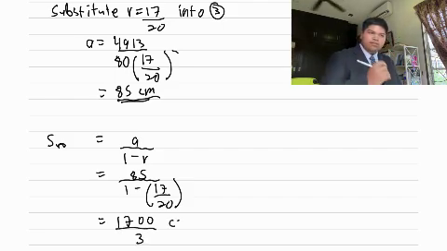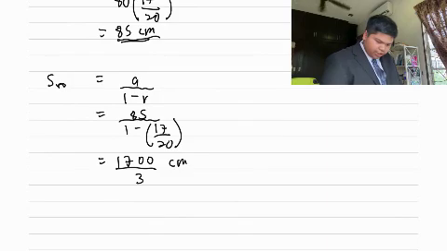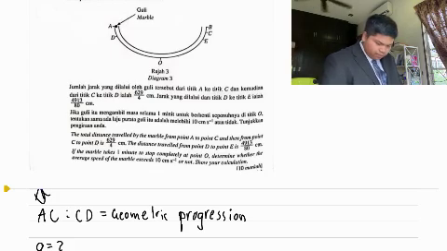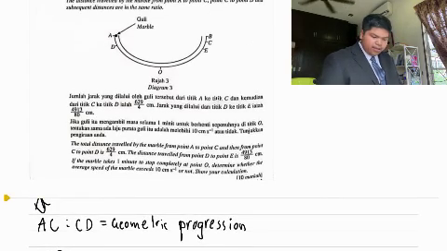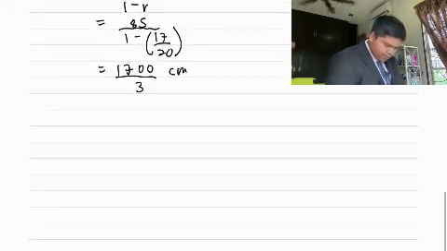This is the value of the total distance traveled by the marble when it is released from point A. Now we have to find speed, because the question is, does the average speed exceed 10 centimeters per second? Thus, we need to find its speed. Now, the total time taken is 1 minute. So 1 minute times 60 is 60 seconds.